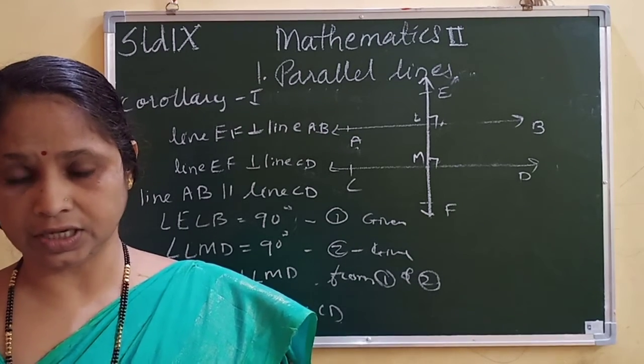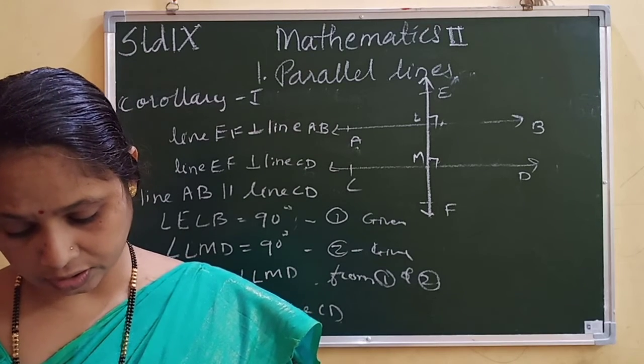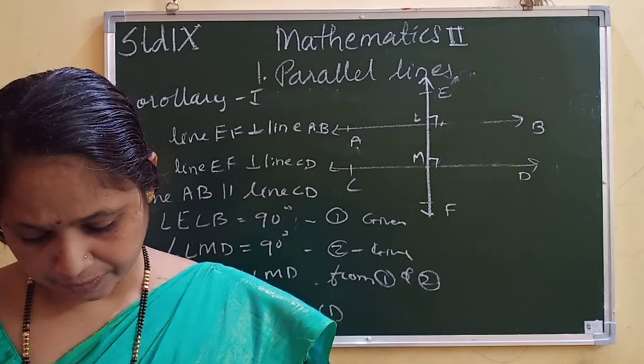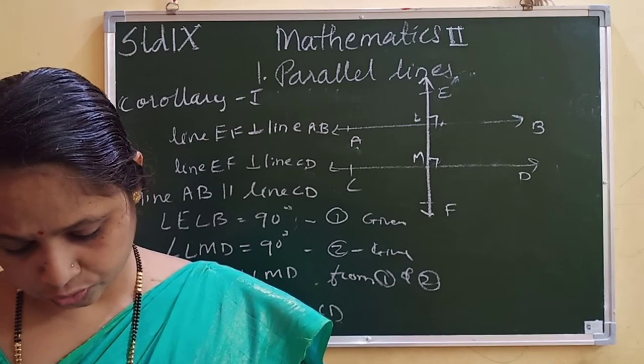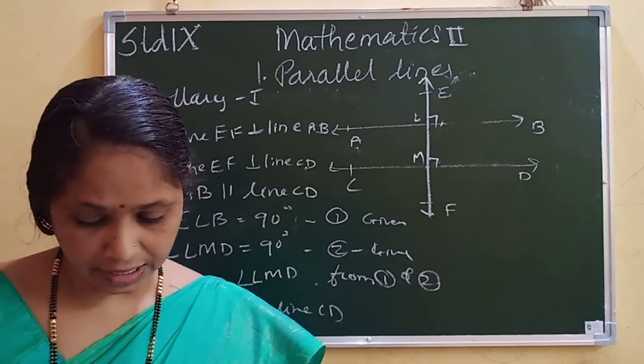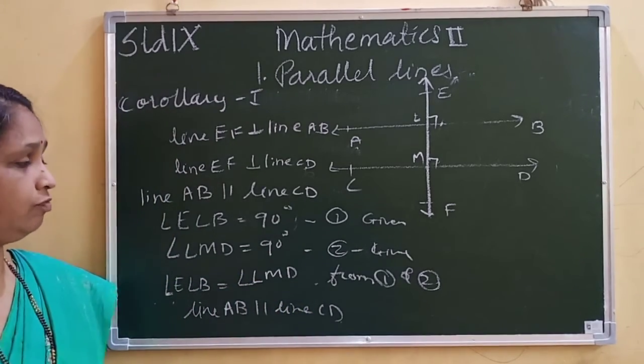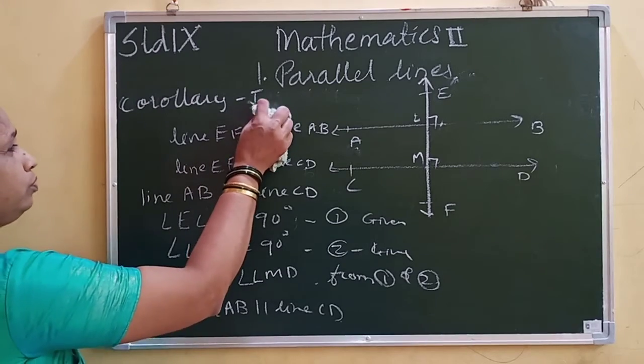Now next you have to see, if two lines in a plane are parallel to the third line in a plane, then which of these two lines are parallel to each other? Now here we have seen two lines. Now we will see the next corollary number 2.